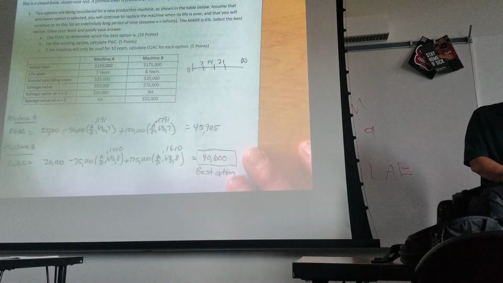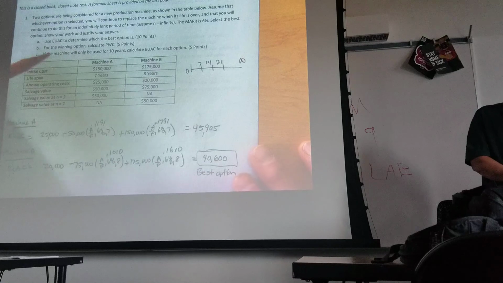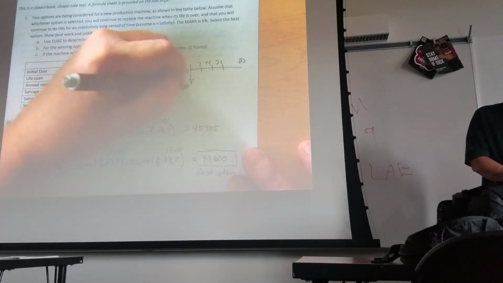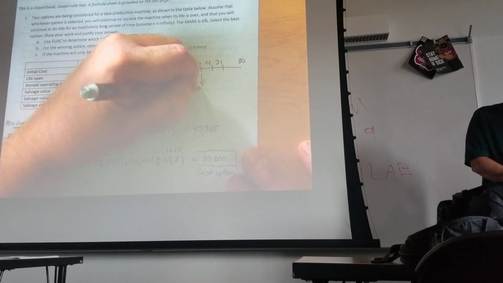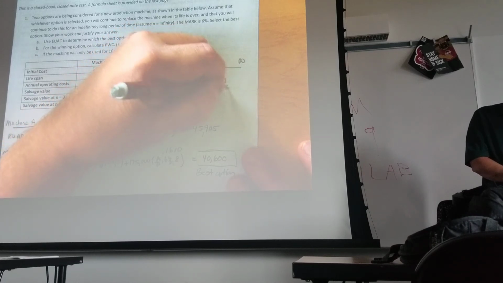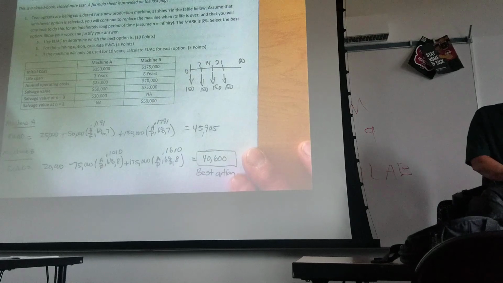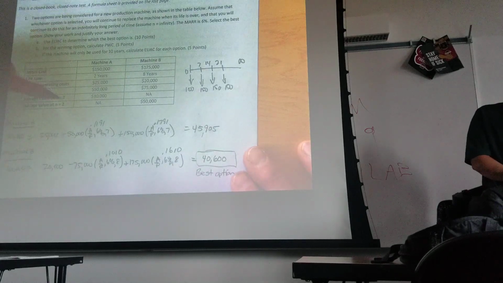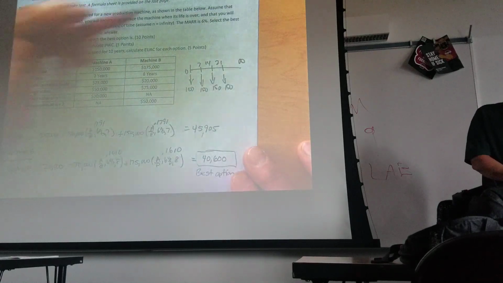we have, for A on 7 years, 150, 150, 150 repeating, and at 7, 14, 21, the salvage value of 50.